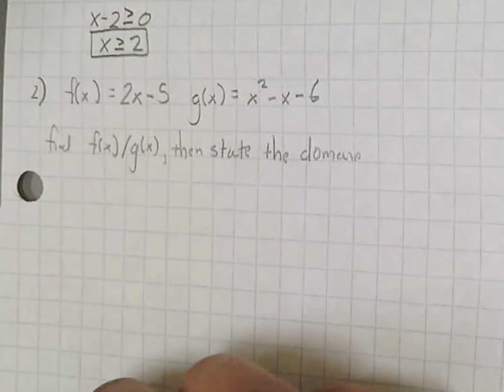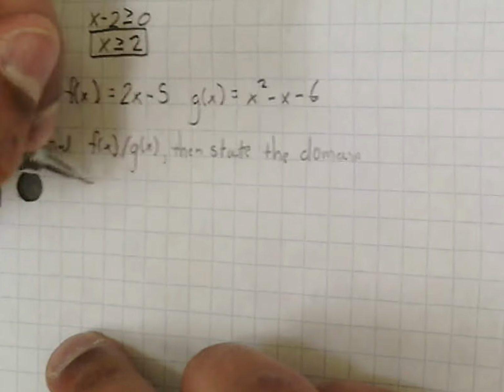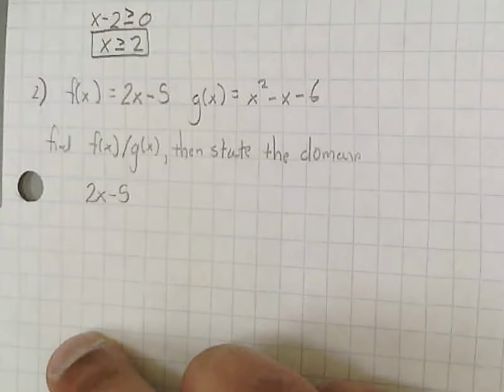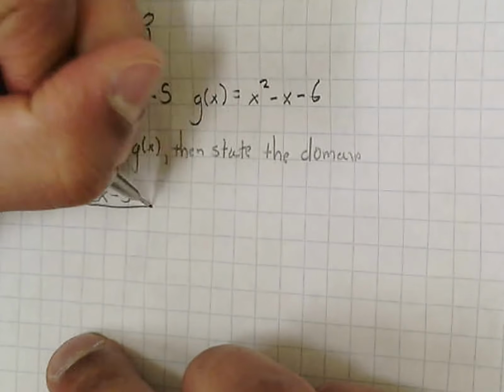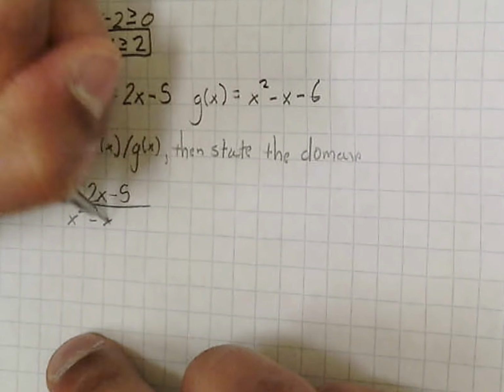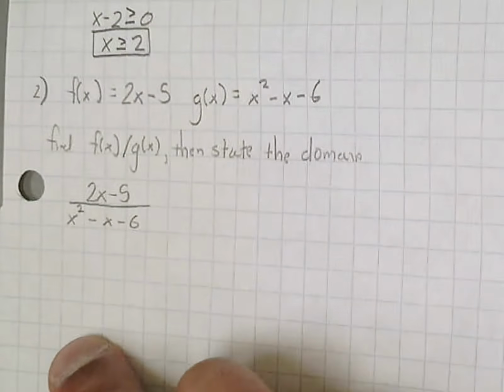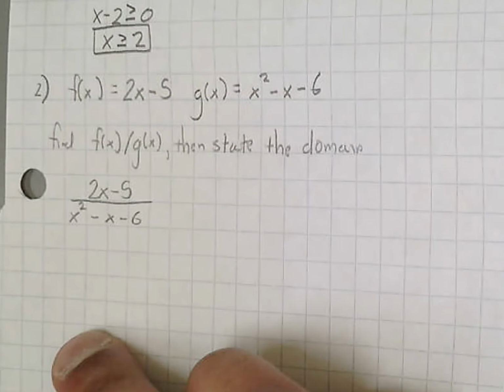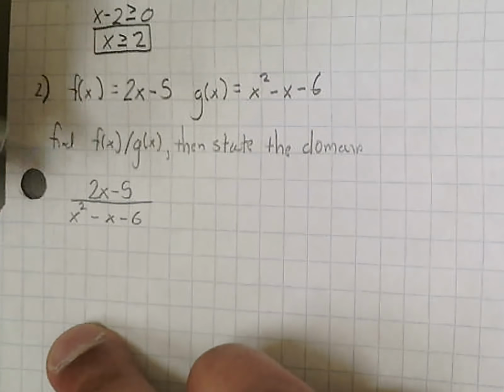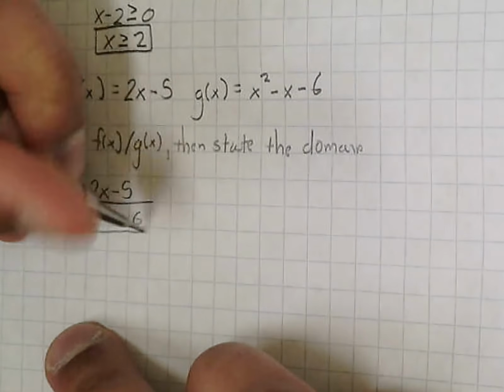Okay, so f of x divided by g of x is f of x, which is 2x minus 5, over g of x, which is x squared minus x minus 6. That's it. That's f of x divided by g of x.